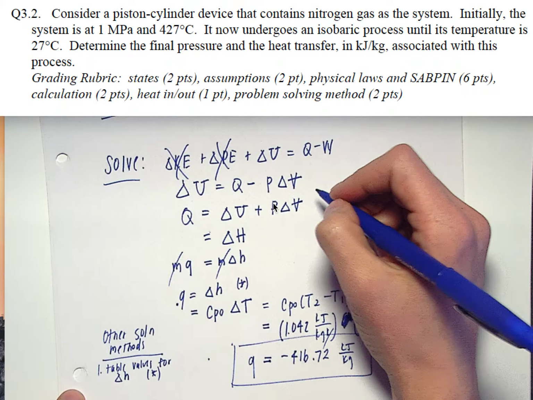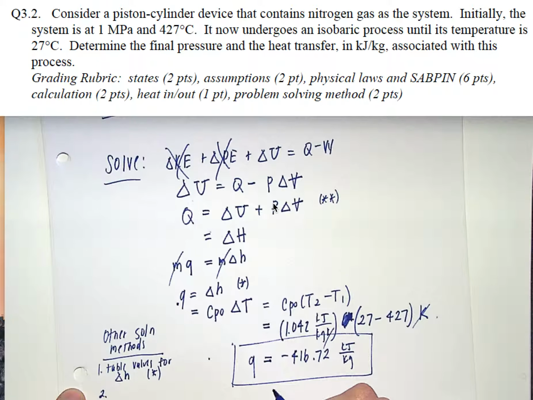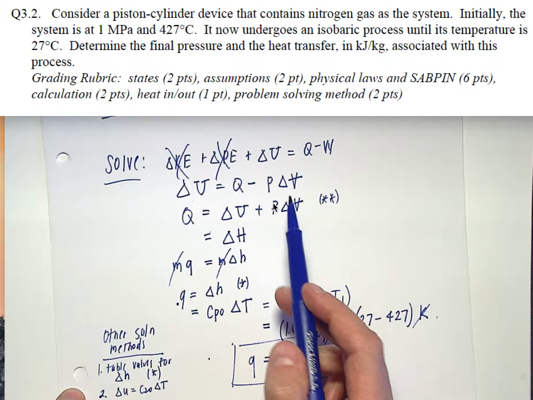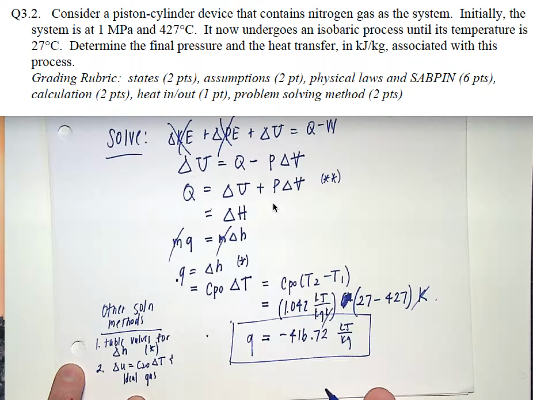You could start with equation star star, and use that delta u equals Cv0 delta T, and then use the ideal gas relationship for the other values.